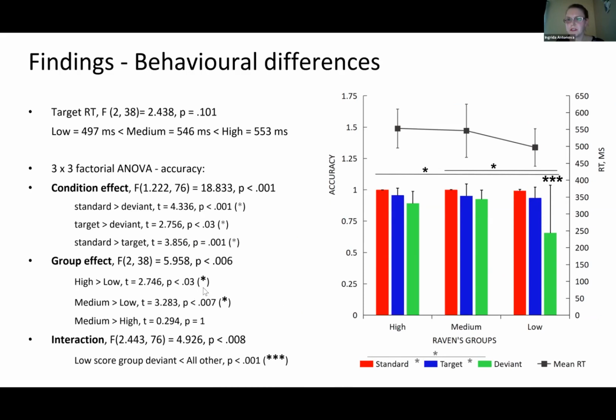Can you repeat the question? The question is, why didn't you consider a sensitivity score instead of accuracy? I see. We did not consider that, but yeah, thank you for the suggestion. Yeah, it's a good suggestion, I think, because then you can compare detection and false alarms, and it's a better comparison.